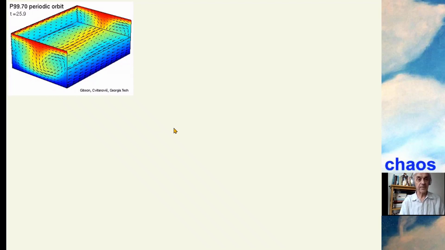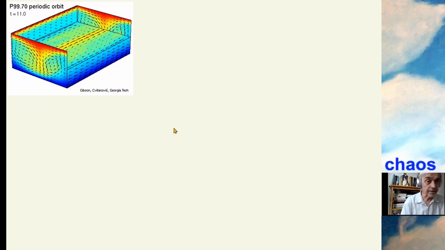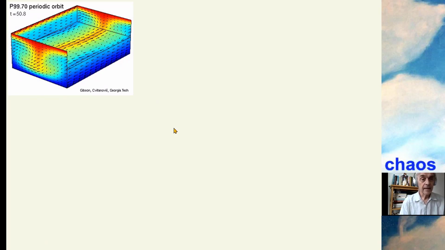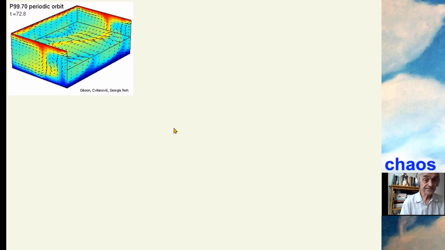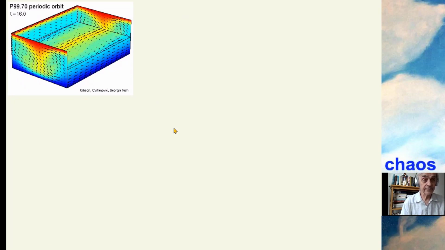Here is the simplest solution one can find which is periodic in time. Time is being shown, and we went to 99 units of time. And when we get there, it just continues at time equals 0.